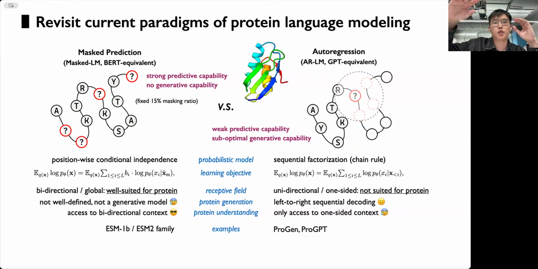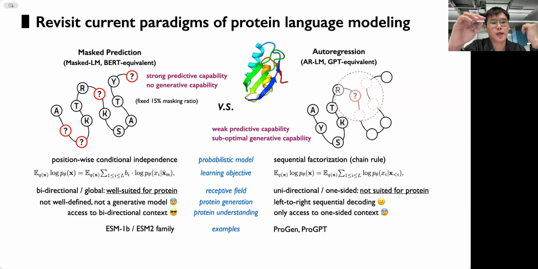It can fetch information globally from the whole sequence. But a masked language model like ESM cannot generate protein sequences. It's not a generative model.